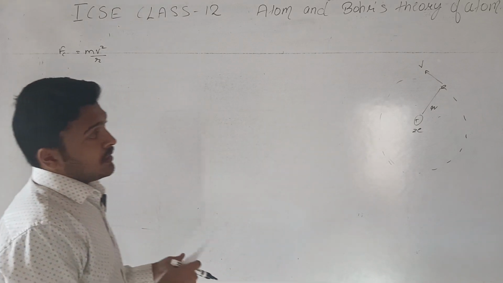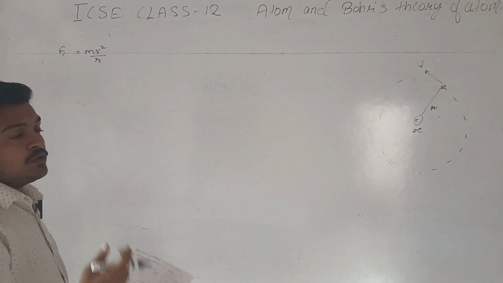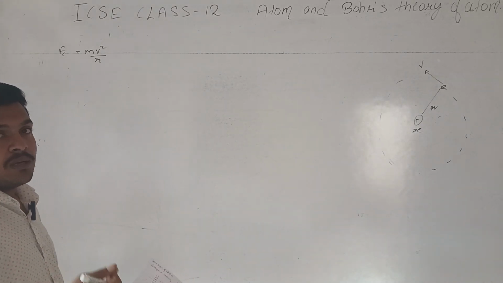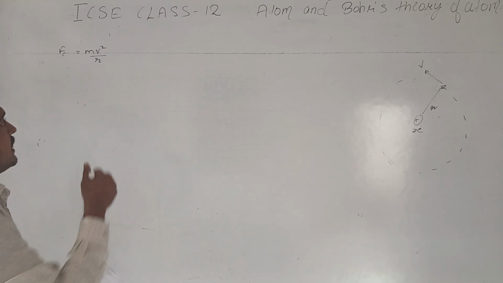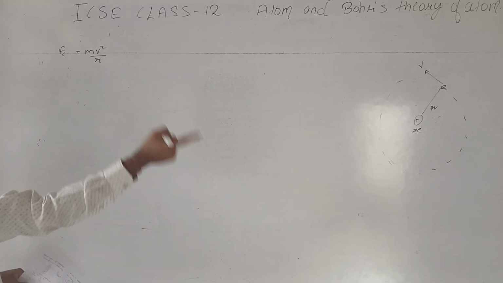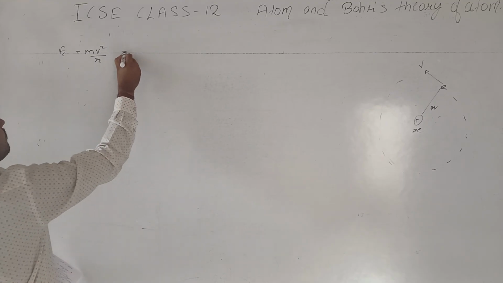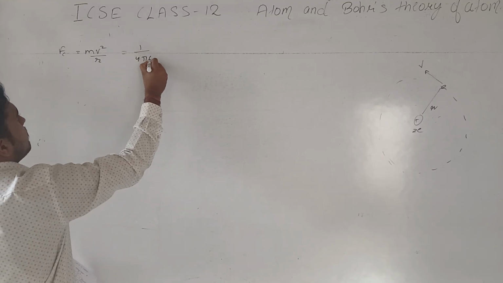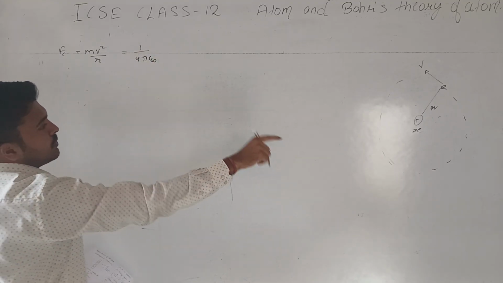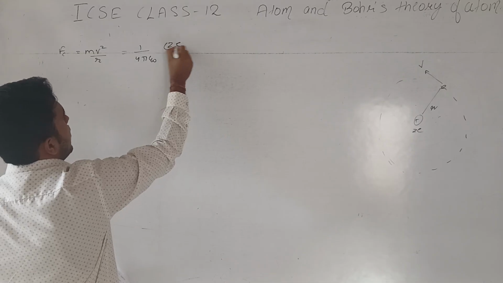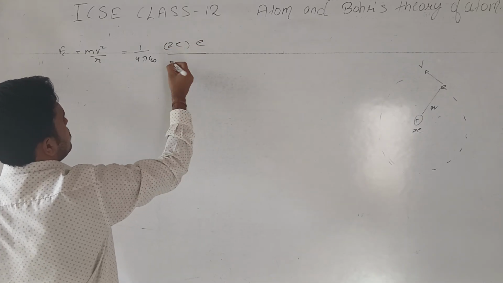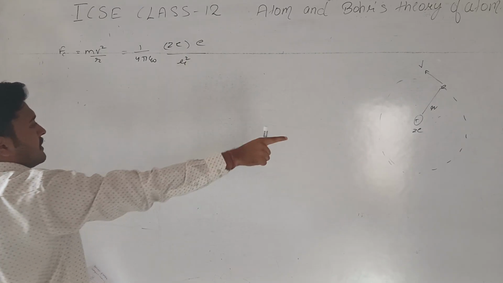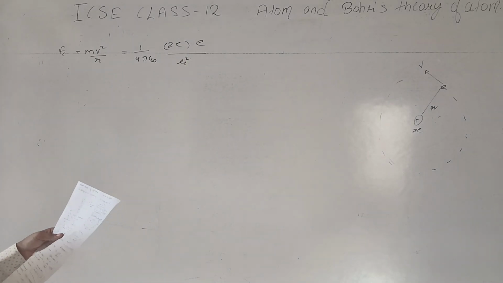The formula for force between two charged particles is F is equal to 1 by 4 pi epsilon naught Q1 Q2 by R squared. So here also the centripetal force must be equal to 1 by 4 pi epsilon naught Q1 Q2 by R squared, where Q1 is Z into E and Q2 is E, and R is the radius of the atom.